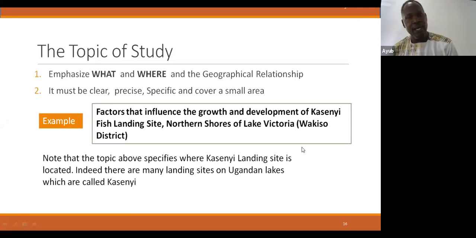My topic of study was factors for the growth and development of Sezibwa Sugar Estate. So it was Sezibwa Sugar Estate. Where? In Buikwe district. What did you want to study about it? Growth and development. What we are saying is that in your topic, tell us where you did the study.